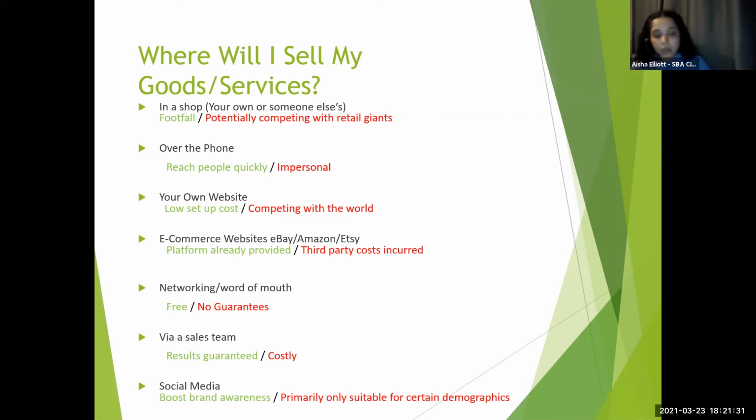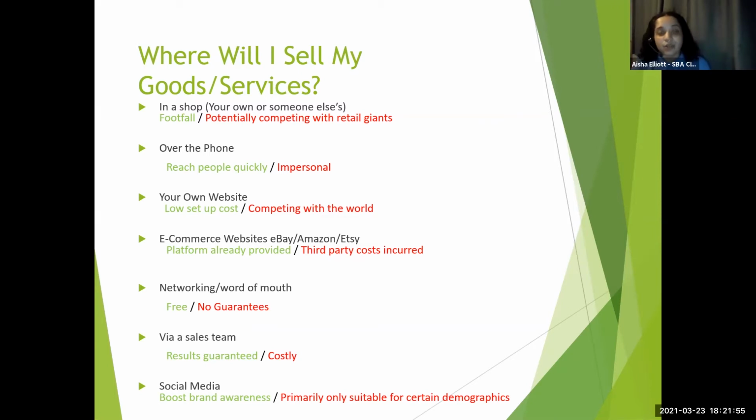And the final one to consider is social media. So we know that social media is massive now. And over the last 10 years, all it has done is increase. So it's great because it boosts your brand awareness, and there are certain groups of people that you are almost guaranteed to get through to.